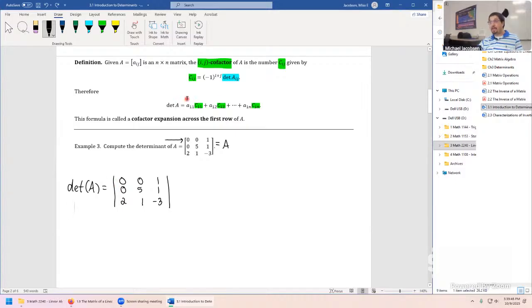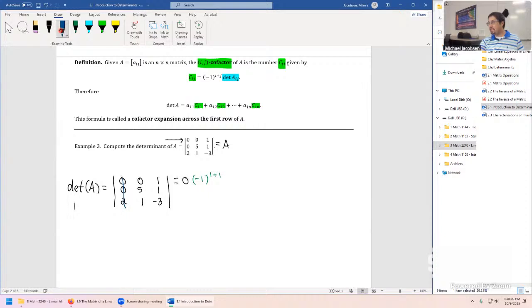Now, first we take the a11 entry, that's 0. We multiply it by the C11 cofactor, which is going to be -1 to the power of i plus j. Well, this is row 1, column 1, so that's just going to be 1 plus 1, multiplied by the determinant, A11.